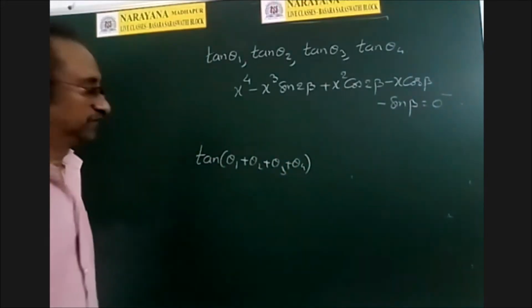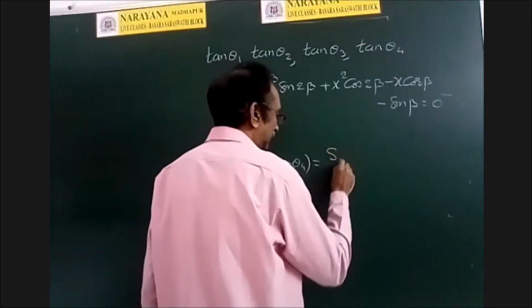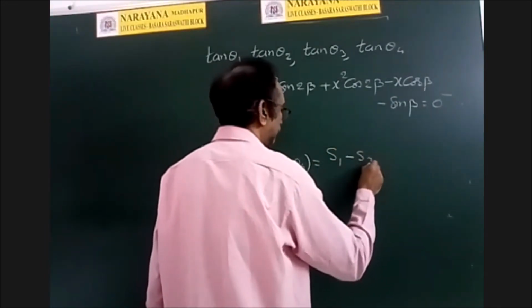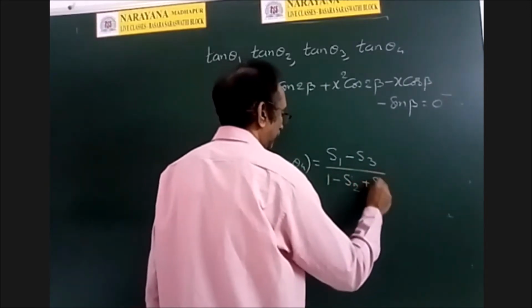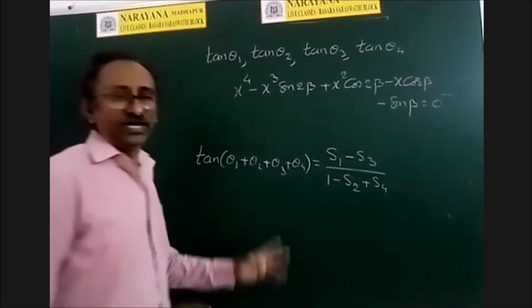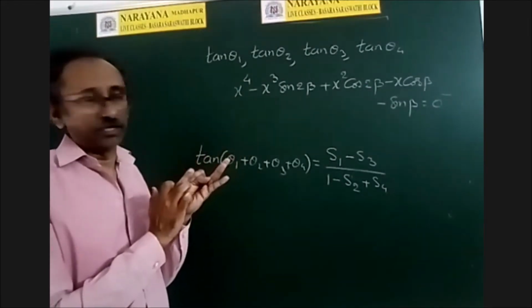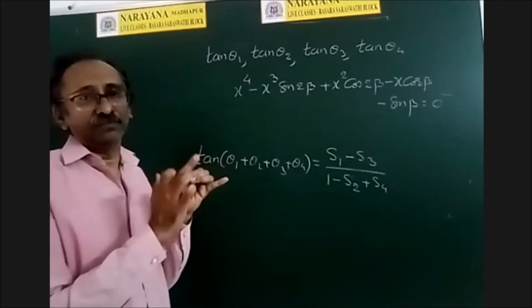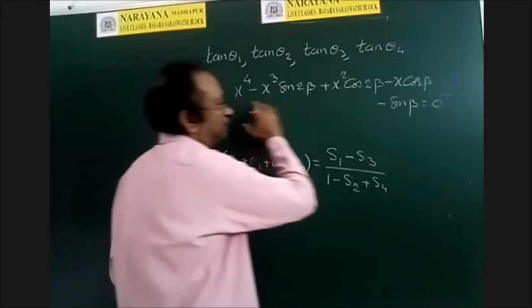So what is the value of this? This is equal to, what is the formula we just learned? S1 minus S3 by 1 minus S2 plus S4. And what is S1? Tan theta 1 plus tan theta 2 plus tan theta 3 plus tan theta 4. That is nothing but the sum of the roots of this equation.